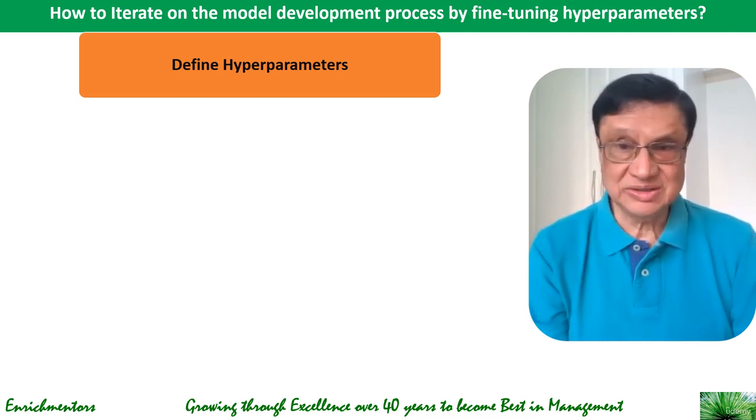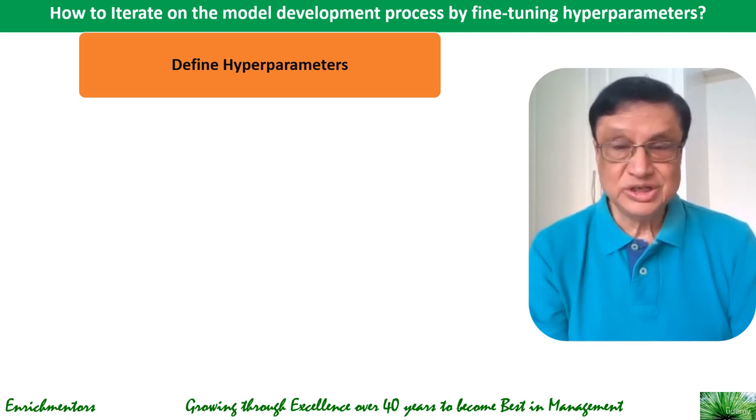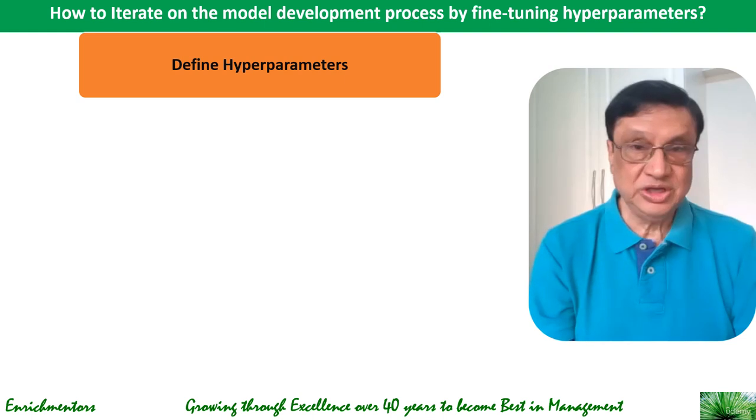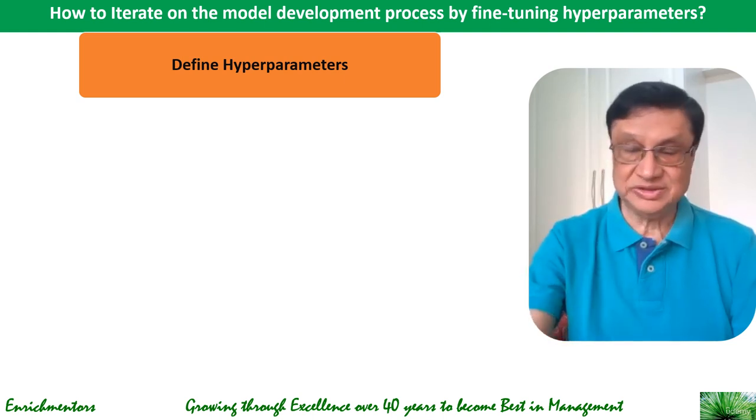You have a large number to choose from, common hyperparameters including learning rate optimization that we talked about, batch size, regularization strengths, number of layers in the neural network, number of units per layer, and dropout rates, etc. So you need to define these hyperparameters in the first step.